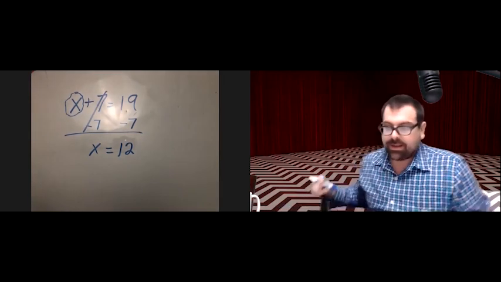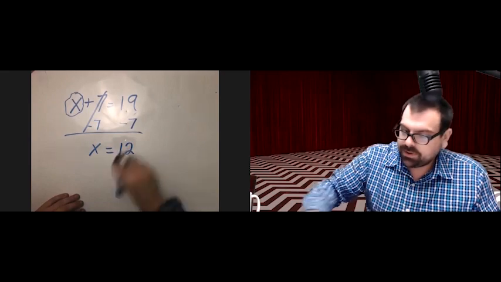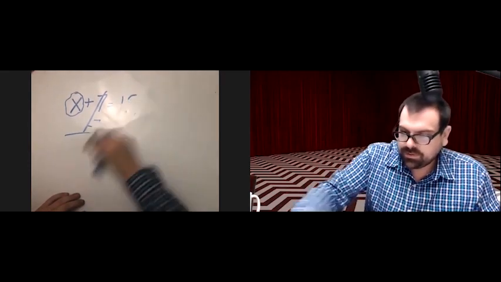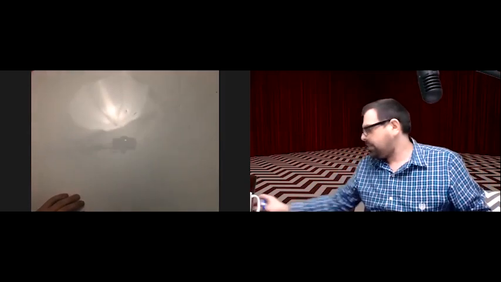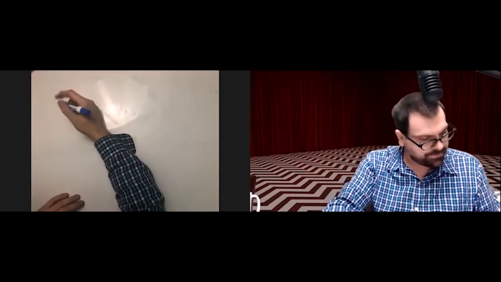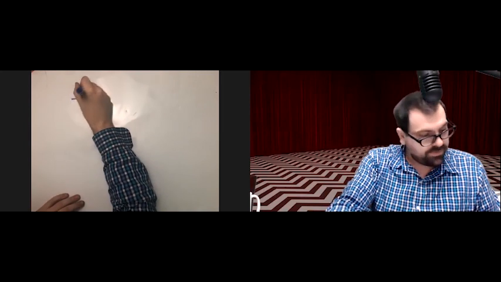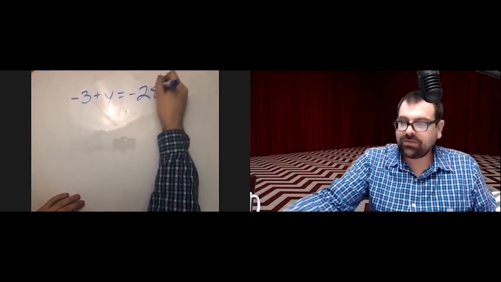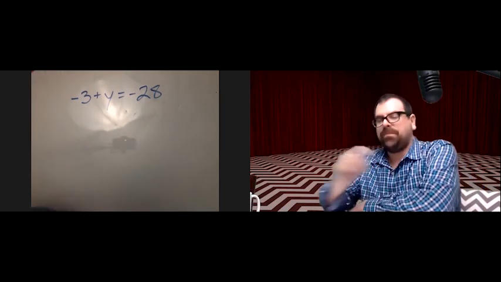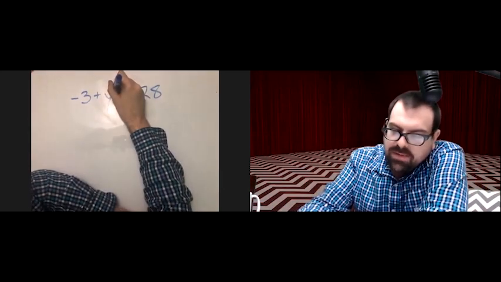We can keep making this more and more complicated, remember. We're going to get this extra practice in. -3 plus y equals -28. We want to get this y by itself.